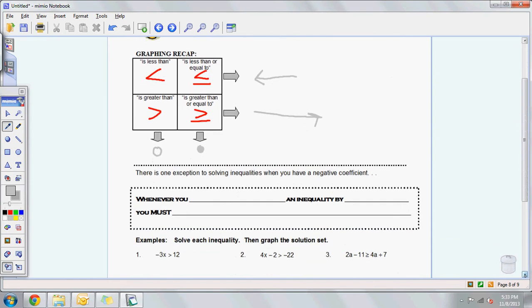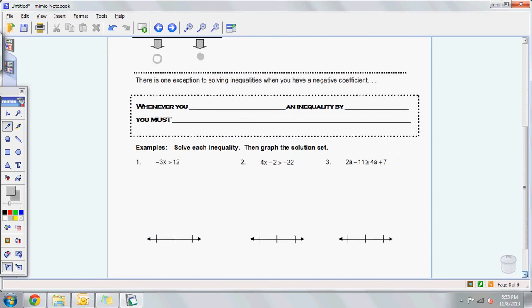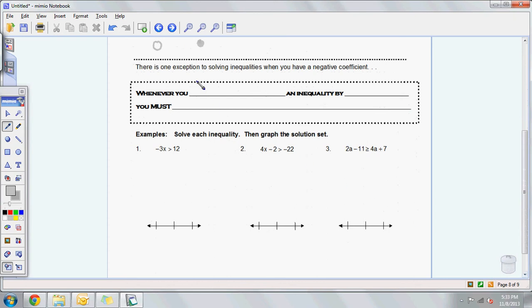So what is the big deal about negative coefficients? Well, whenever you see them, you are going to flip that inequality sign. Maybe you remember this from last year.